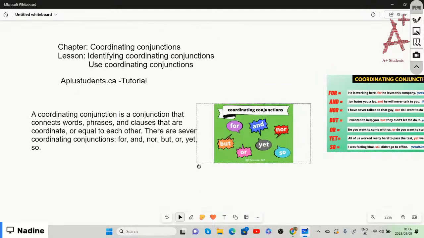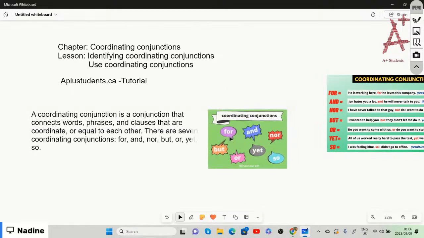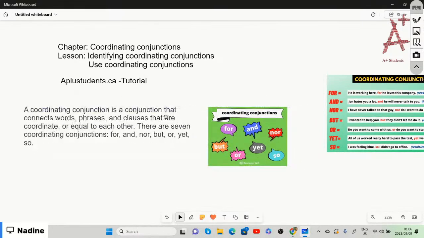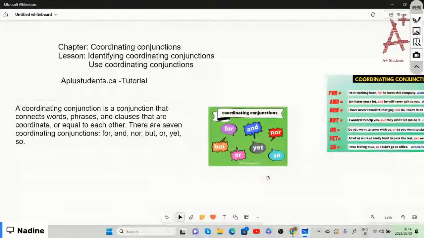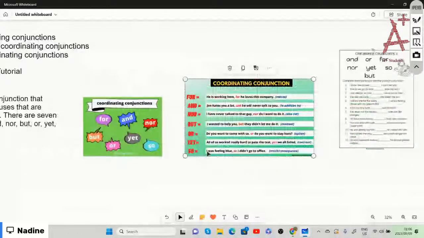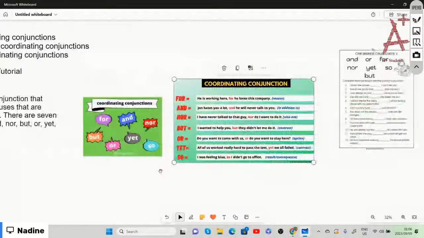And once again, that is just the different coordinating conjunctions, which are for, and, nor, but, or, yet, so. Let's fully explain or describe each one of the coordinating conjunctions, right?